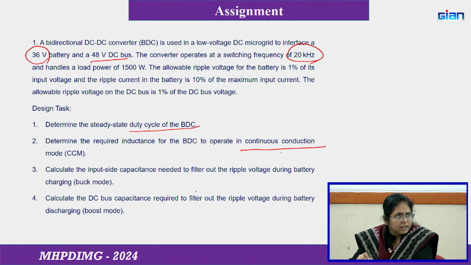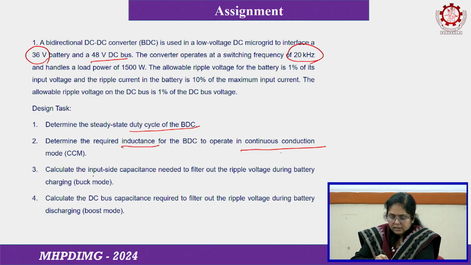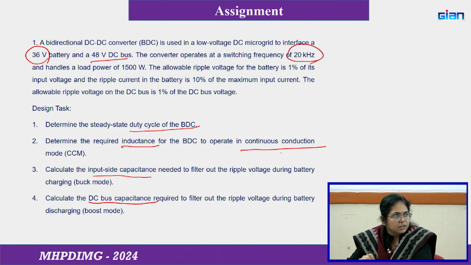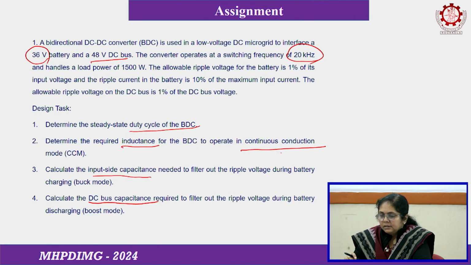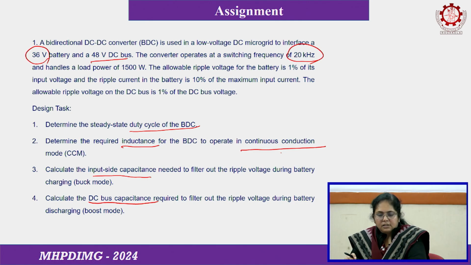Obviously, we have done all the analysis for continuous conduction mode. So, calculate the inductance, and you can calculate the input capacitance and output capacitance values. In a similar way, I have already given all the formulas and told you how to do it. So, this is the tutorial content for today's class.